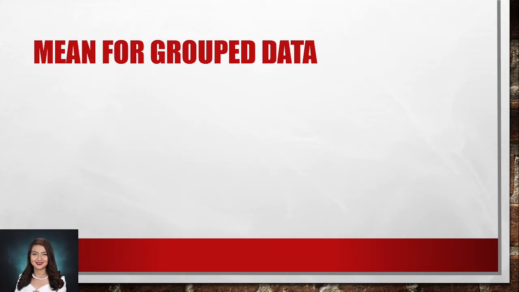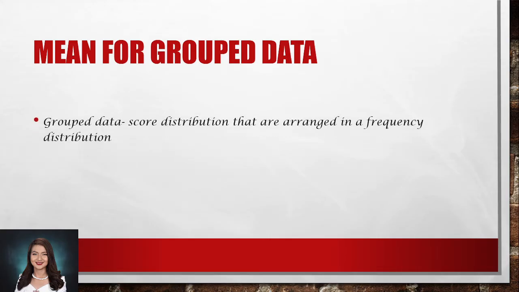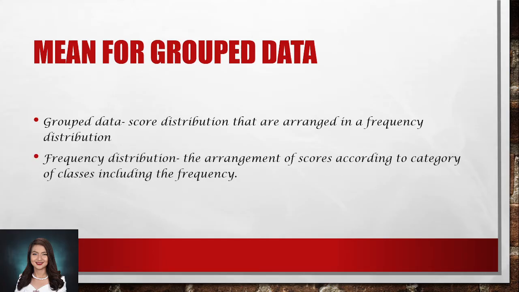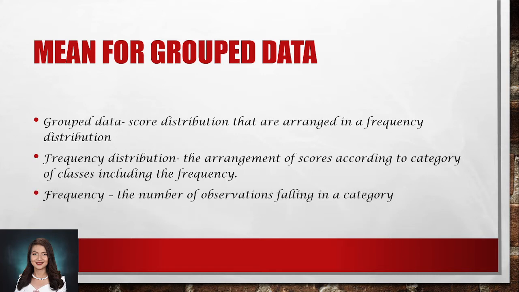So now let's talk about the mean for grouped data. Grouped data are score distributions that are arranged in a frequency distribution. So when we talk about frequency distribution, it is the arrangement of scores according to category or classes, including the frequency. And when we talk about frequency, it is the number of observations falling in a category.